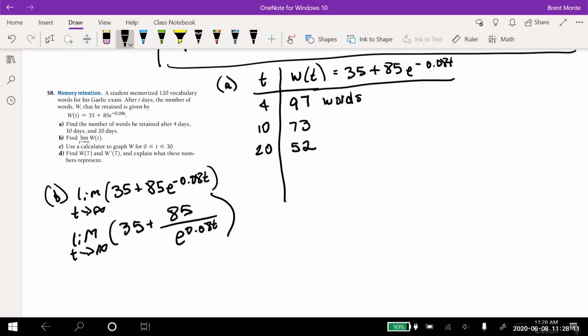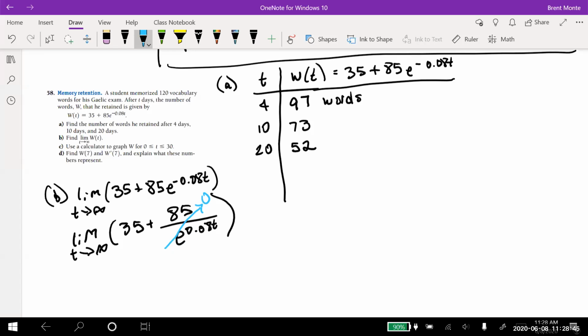Now, remember that denominator, e to the 0.08t, that's e, 2.7, but everything's increasing by 8% per day. So it's increasing. So the denominator is getting bigger and bigger. Well, as the denominator gets bigger, the numerator is not changing. So the fraction gets smaller and smaller. As t goes to infinity, this whole piece here goes to 0.